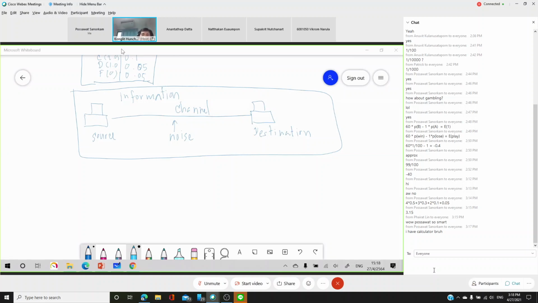So we're going to send information from source to destination through a channel, and I want to give you some technical terms. If the communication is one way, that means only one machine sends the information and another one only receives, we call that simplex.